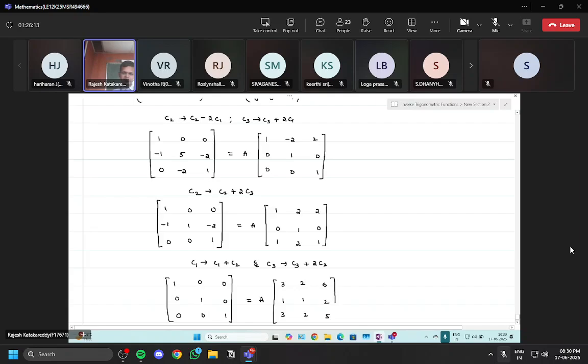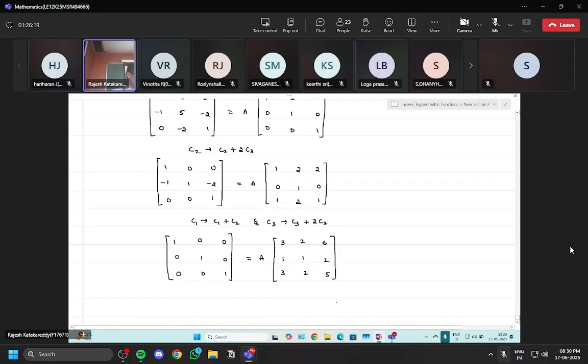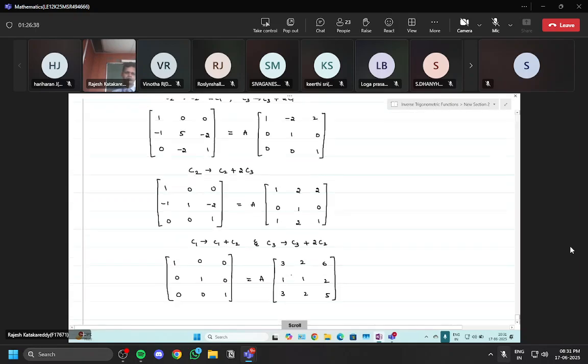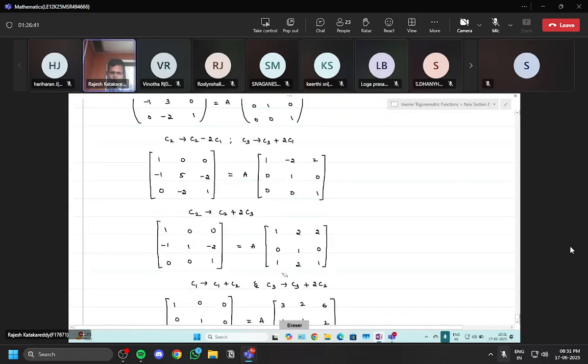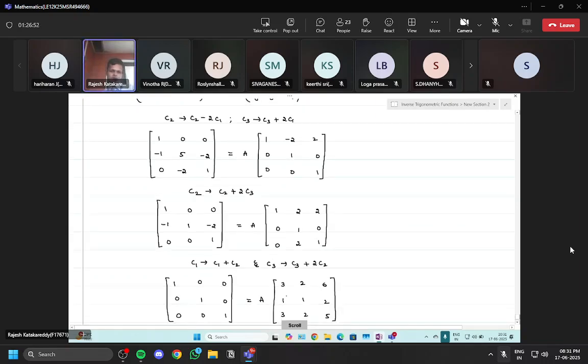So can somebody check, is this the inverse? 3 2 6, 1 1 2, 3 2 5. One mistake we got. We are not having 3 here, we are having 2. Why did we get that mistake? 1 1 2, 3 2 6, everything perfect. It is 1 1 0, right? If it is 1 1 0, then it is.